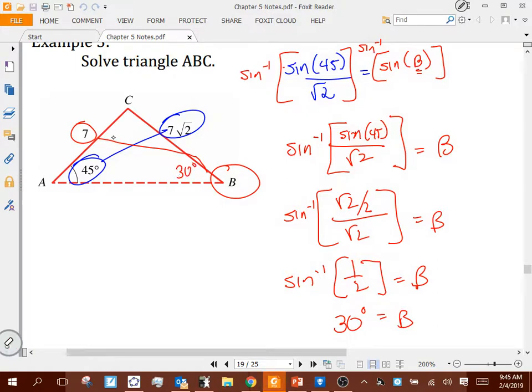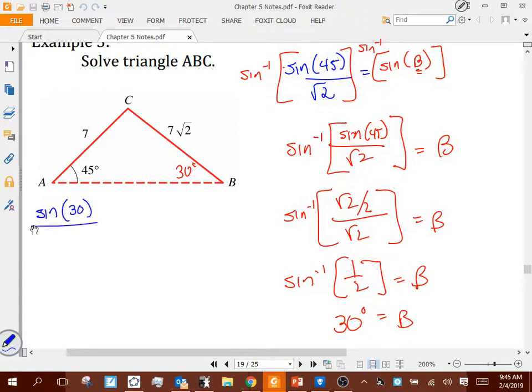All right. Now, I haven't solved the triangle yet because there's still a missing segment down here, right? What we could do now is say sine of 30 over 7 would be that angle, and that angle is equal to sine of, now, do I know this angle here?